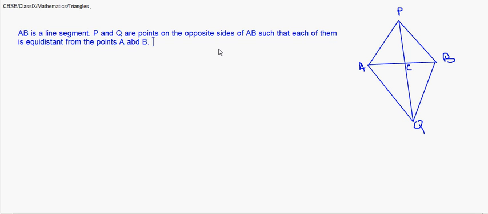We'll mark that as well. We have to show that the line PQ is the perpendicular bisector of AB. Perpendicular bisector of AB means we have to show one of the angles here to be 90 degrees as well as AC to be equal to BC.